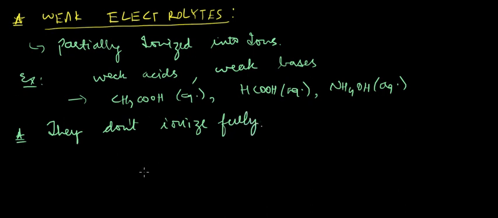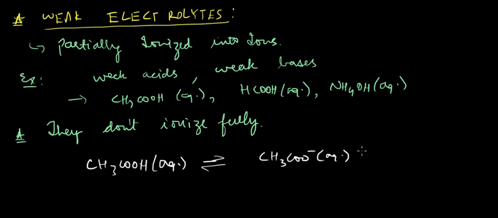So let's actually see the ionization of acetic acid, CH3COOH. It would give CH3COO- aqueous plus H+ aqueous.